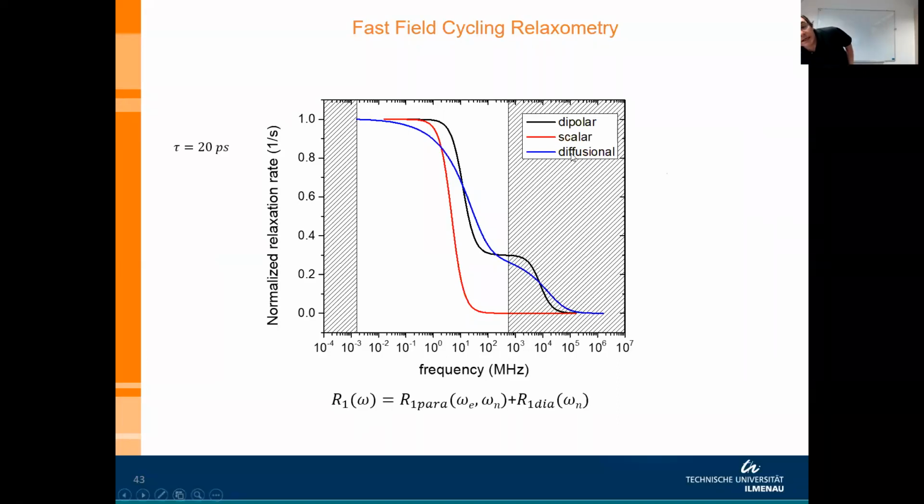And the scalar interaction is a pure Lorentzian, described here like this, and then the diffusional part is a more stretched Lorentzian. And this is typical of what we see in all experiments.